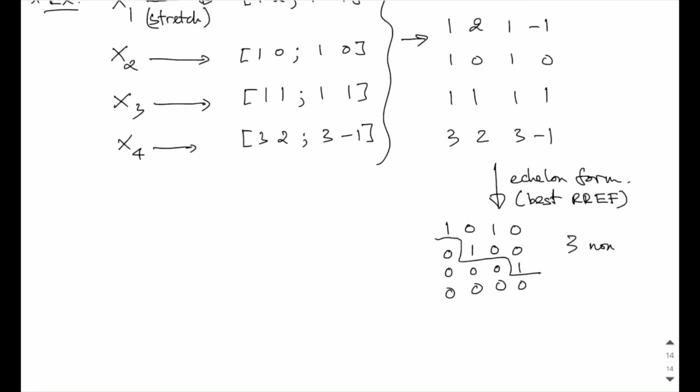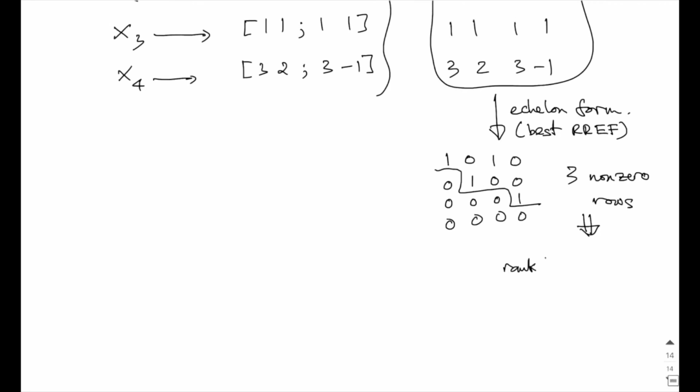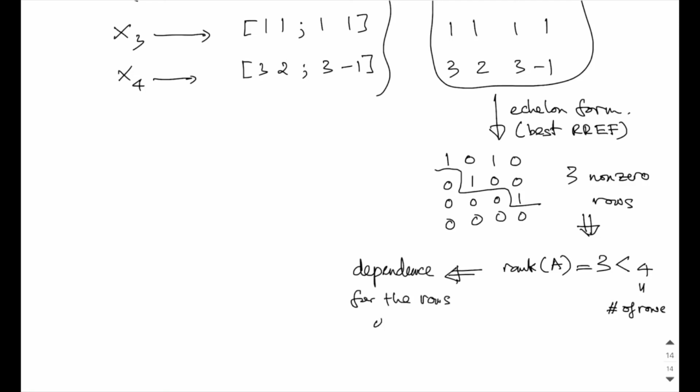3 non-zero rows. This implies that if I call this one A, then the rank of A is 3. The rank of the matrix is 3, which is less than 4. What is 4? It's the number of rows. So if the rank is not the same as the number of rows, then the rows of A are dependent.